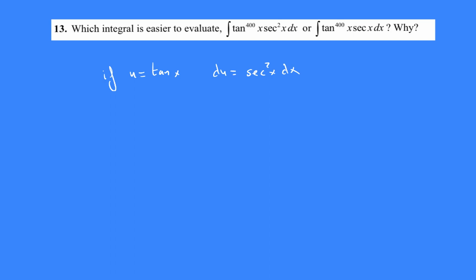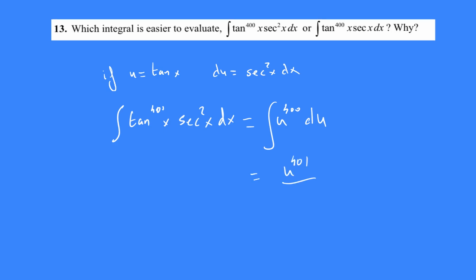The integral of tangent 400 of x secant square of x dx equals the integral of u to the 400 du, so it will be u to the 401 divided by 401.